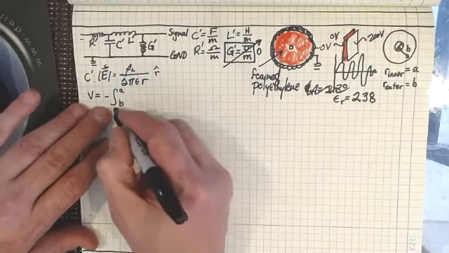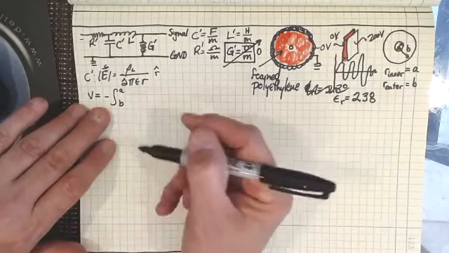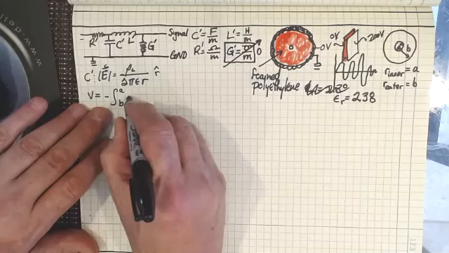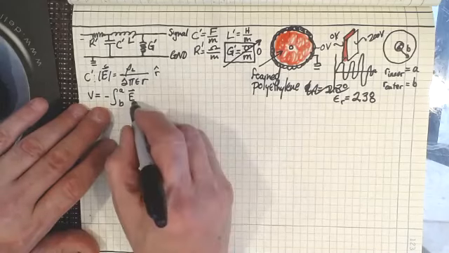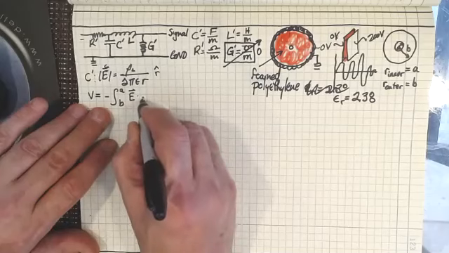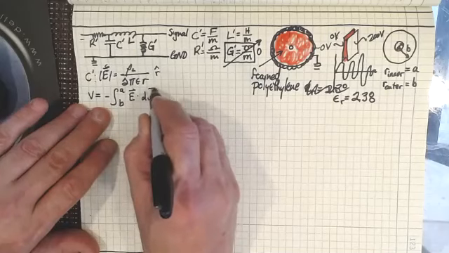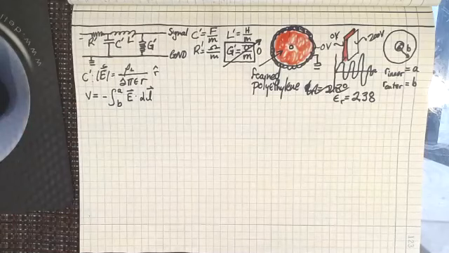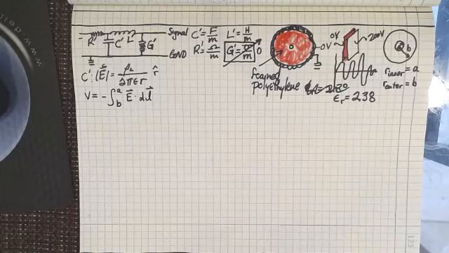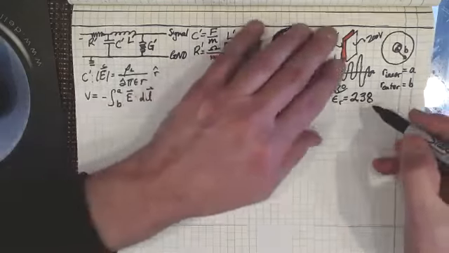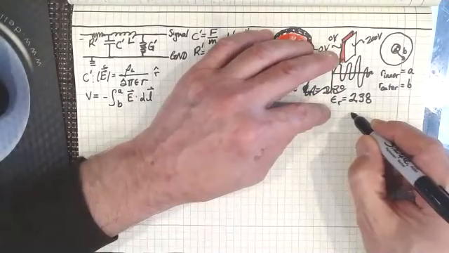We could switch it around and make it A to B and get rid of the minus, but since I started off with the definition of voltage using that minus sign, which really just shows that positive work in an electric field would be working against the electric field. Why don't I just write that over here?